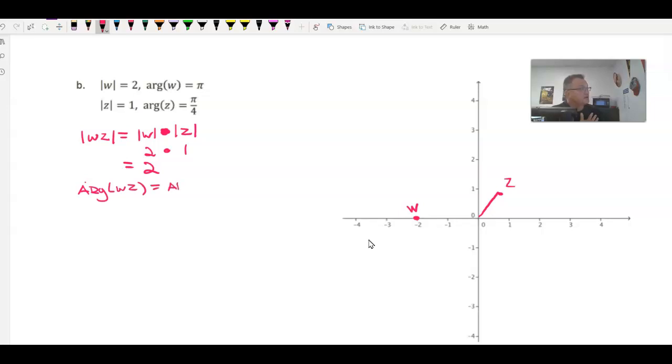So the argument of W plus the argument of Z. So that's pi plus pi/4. Okay, get a common denominator. I had to make this a 4. So I got to multiply the top by 4, and I get 5 pi/4.